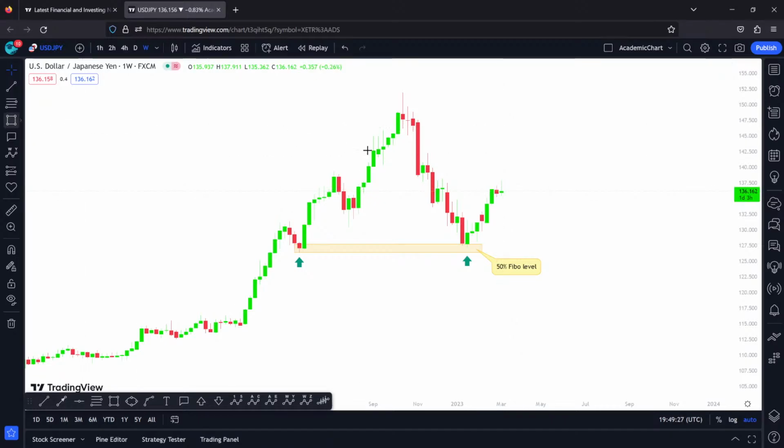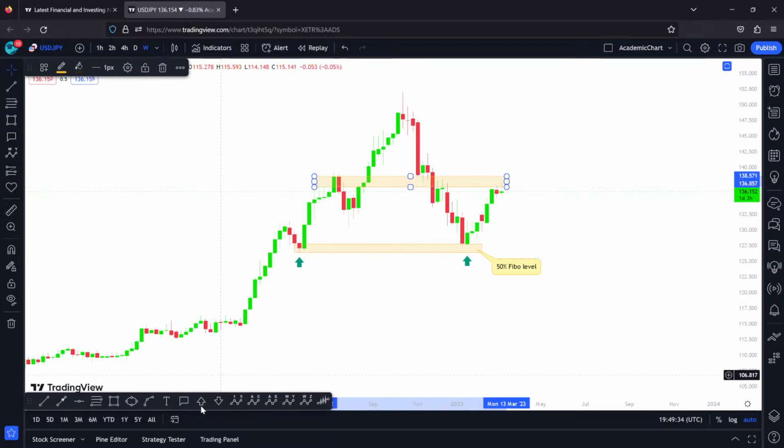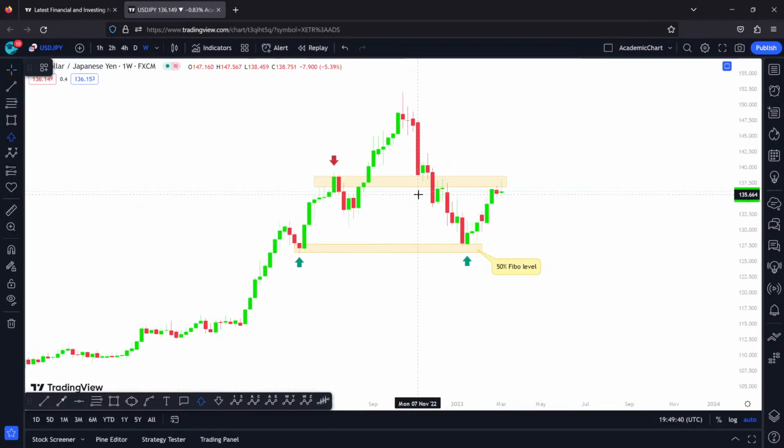I want to point out here that we also have a resistance zone, a very important one if you pay attention. I can see that it reacted to this sometime here. If I zoom out in the daily chart, which I will do soon, I can see it also reacted as support when it broke out and went up.